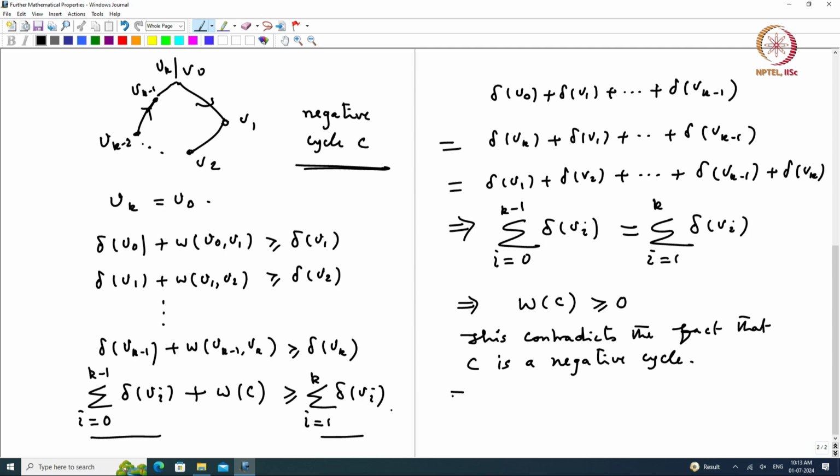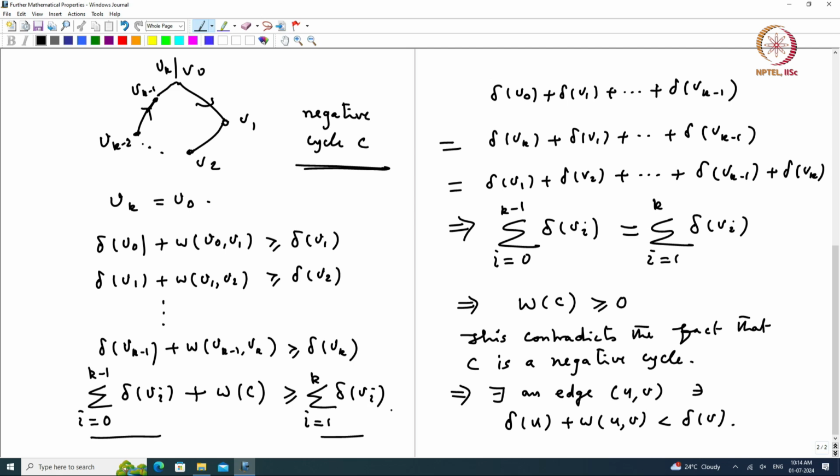This implies not all edges will have this property, its negation. This implies there exists an edge uv such that delta u plus weight of uv is less than delta v. We have proved by contradiction the statement of the theorem. Okay, very clean and simple proof.